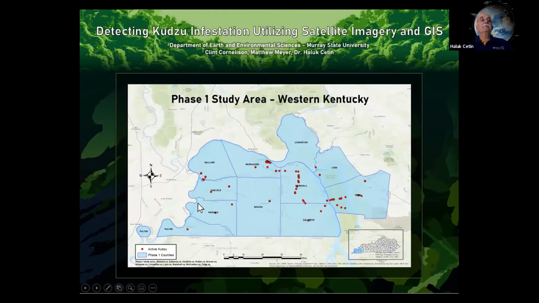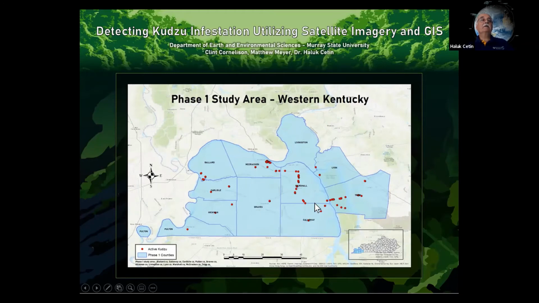There are some really big sites in McCracken County, especially near Paducah, and in Marshall County, and several in Callaway County, and in the Land Between the Lakes area. The second step was to focus on a little bit larger area.